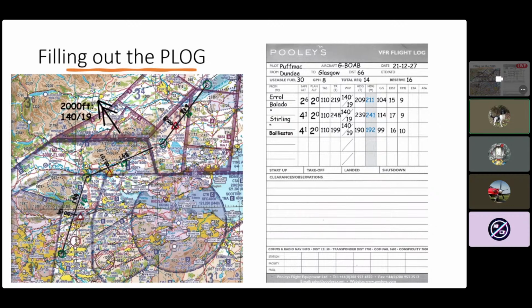So in this instance, we need 14, but we've got 30 in the tank, so we've actually got a reserve of 16, which is enough for 2 hours flight, which means we've got more than enough to satisfy the final reserve minimums, but we've also got plenty to divert somewhere else if something happens at Glasgow.